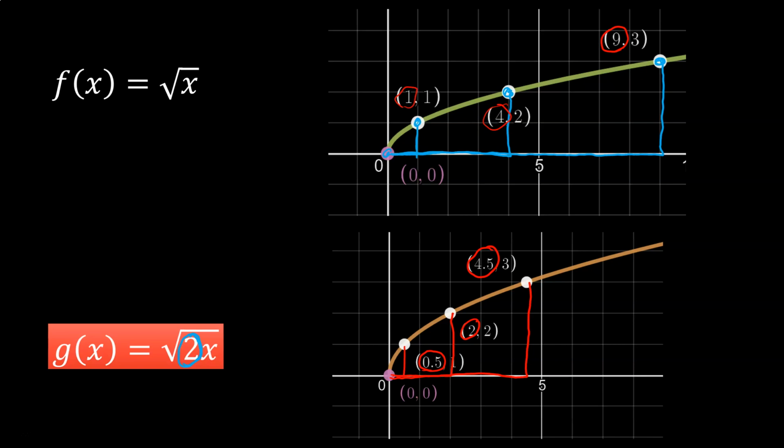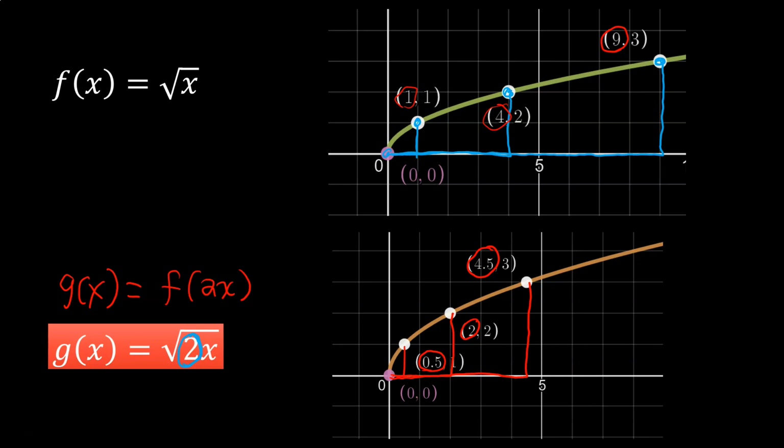Okay, now if we think about this, g of x is f of 2x, right? We are changing the input. Okay, now how does that affect the graph? We knew from the previous lesson that when we are changing the x value, meaning inside, we do the opposite, right?